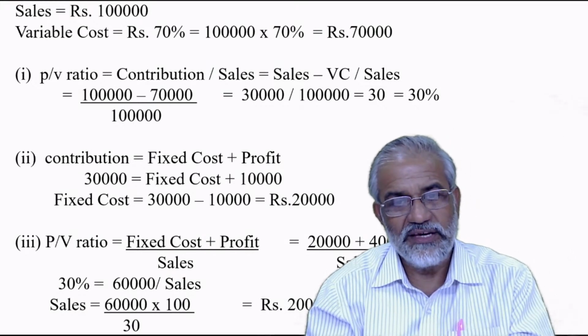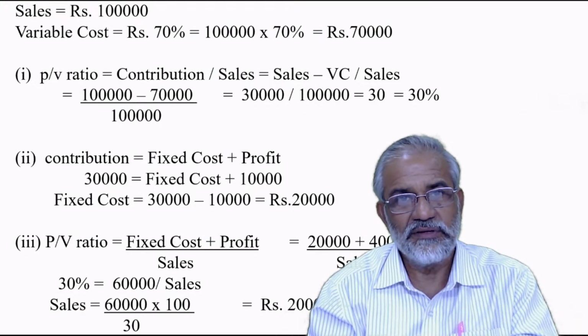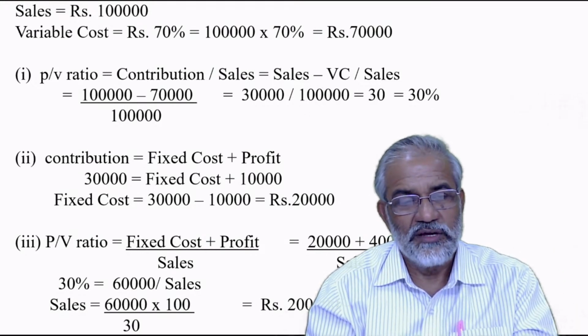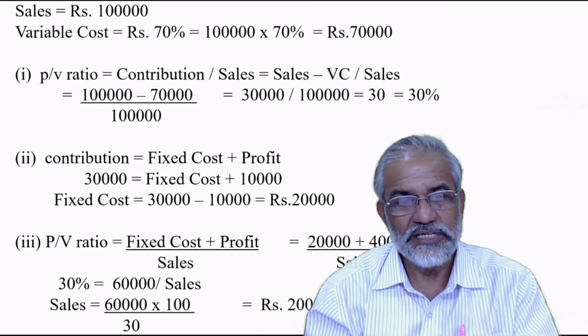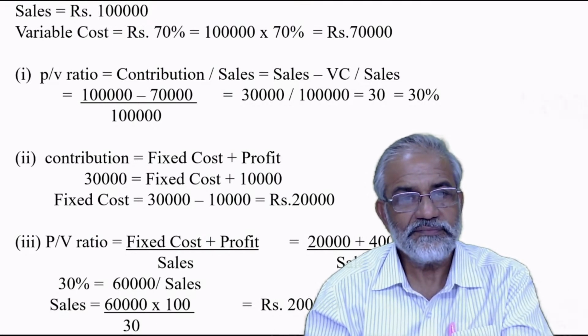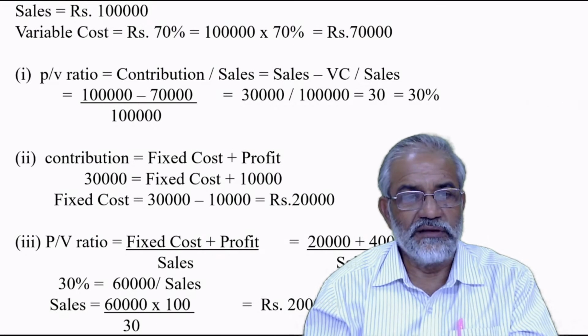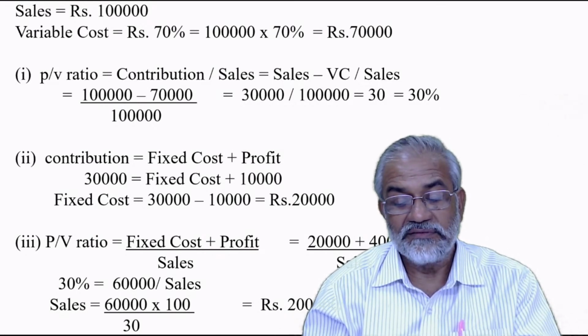We have the figure of profit in hand, and we have the contribution determined in the first stage. So for determination of the fixed cost, the equation is 30,000 minus 10,000. So 20,000 became the fixed cost.